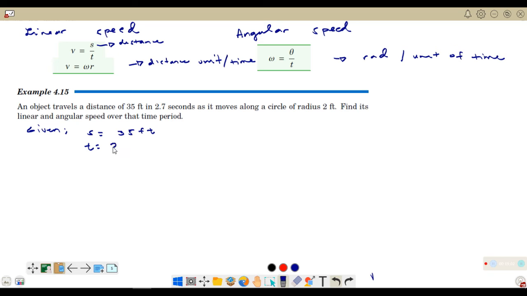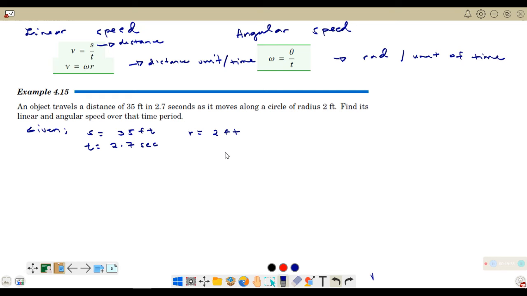T is equal to 2.7 seconds as it moves along the circle of radius R is 2 feet. Okay. Now, let's try to solve for their values.